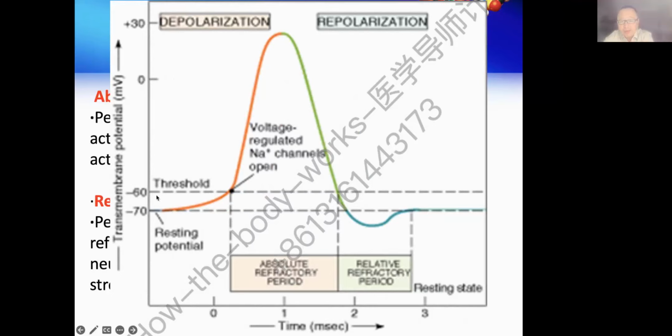In this way, minus 60 MV is the minimal voltage for the nerve cell to be excited.